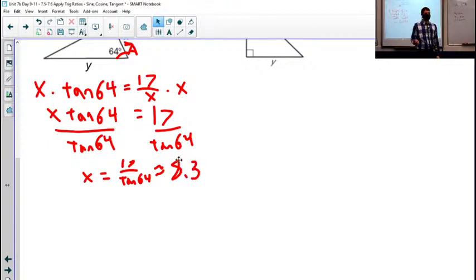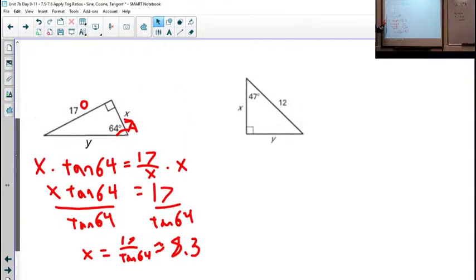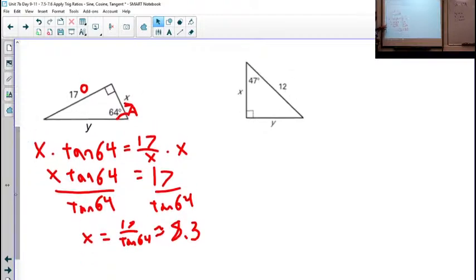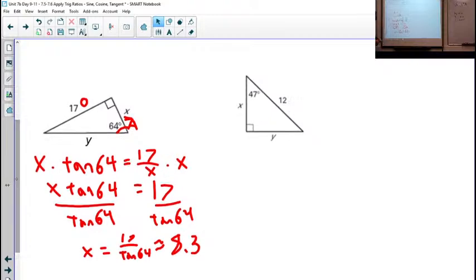Any questions on that solving process? Again, there's only a couple of these today that we're going to go through how to solve. So if you have questions on solving, ask them now. Let's try the next one. Again, let's start with solving for x.